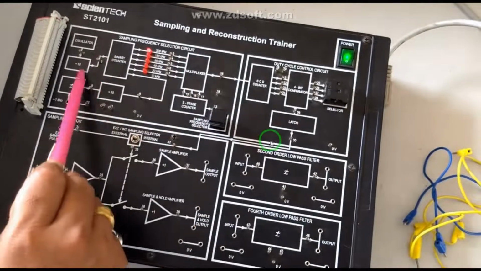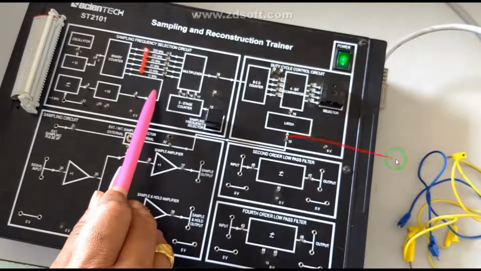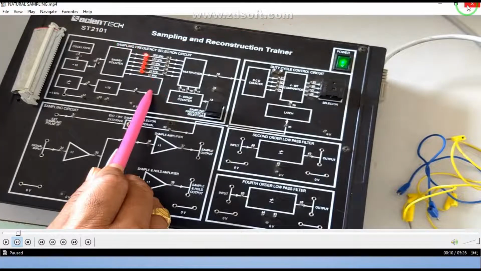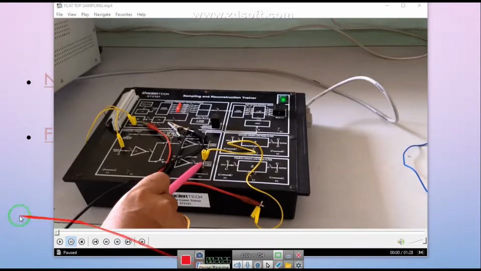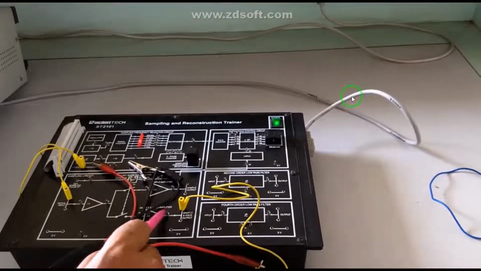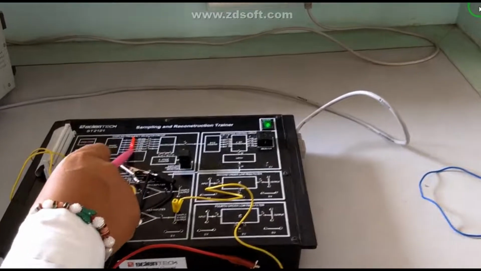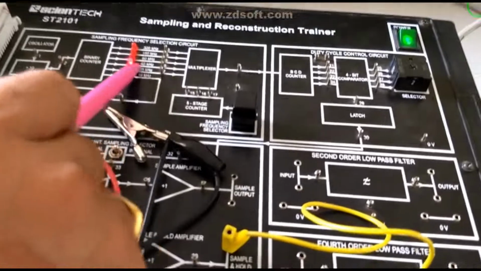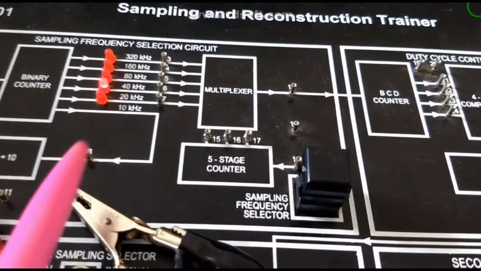This section is your analog signal that we want to see. Now we are seeing the output of the sample and hold amplifier, and the sampling rate is 40 kilohertz. It means it is a low sampling frequency. So now you can see how the output looks.